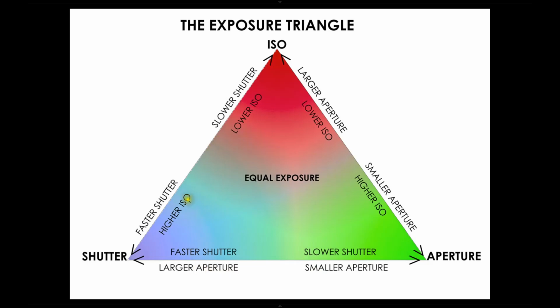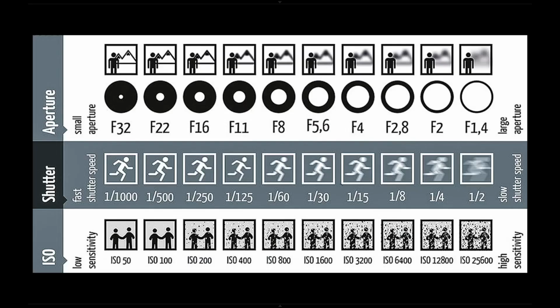Or if we wanted to use a faster shutter speed and not change the aperture, we would need to use higher ISO. So these three factors work together, and overall will give you the exposure that the camera requires. And looking at these three factors together, here's a diagram that shows the individual steps in aperture change.